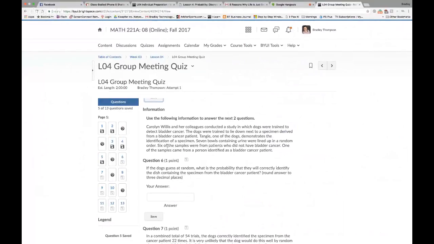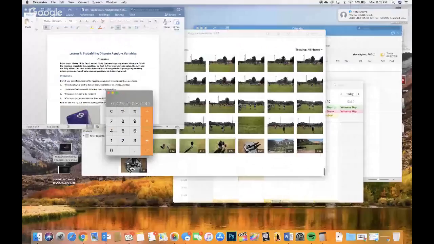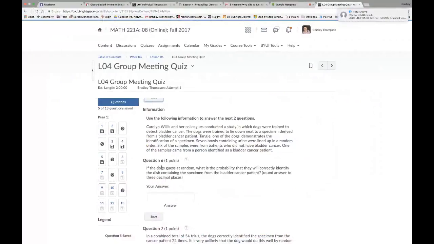One has it, 6 don't, but it's asking about random. So it's 1 out of 7. So 1 divided by 7 is 0.142. What does it say? Just 0.14. 0.143. Yeah, 3 decimals.